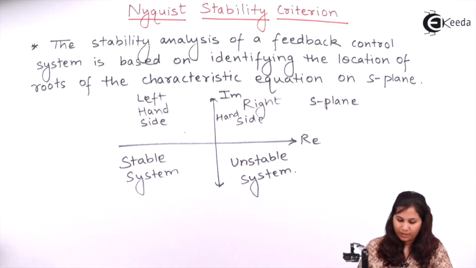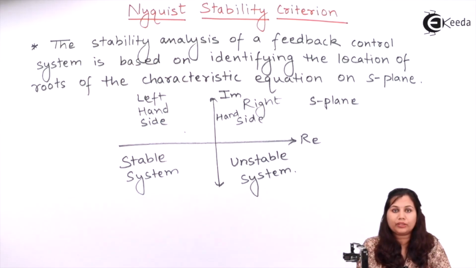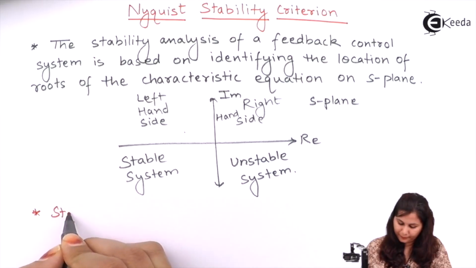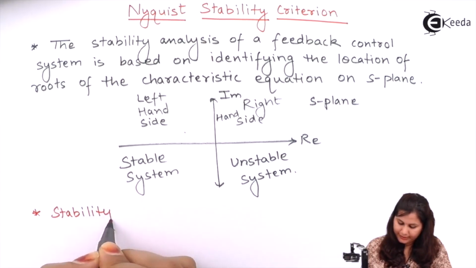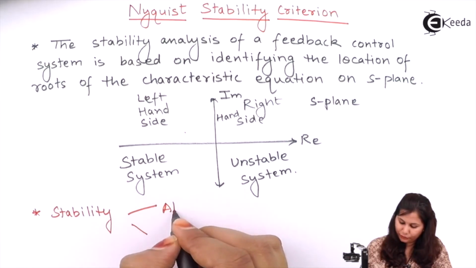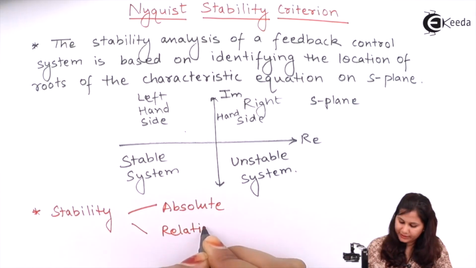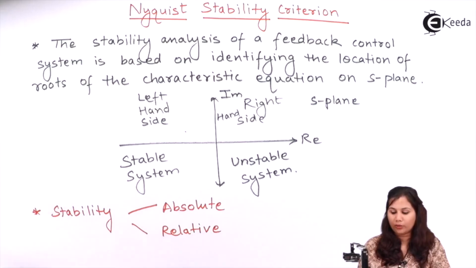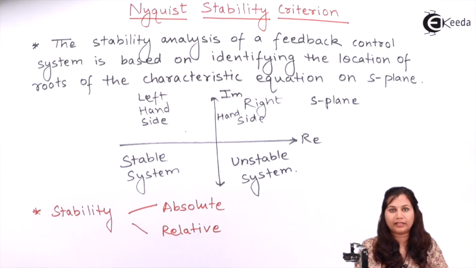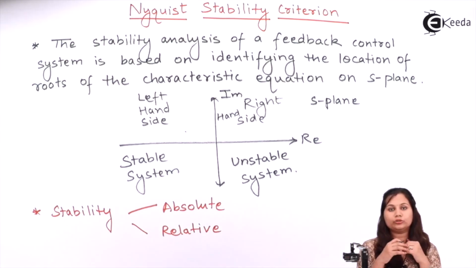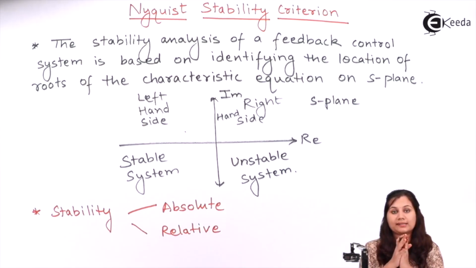Now this stability is of two types, the absolute stability and the relative stability. Absolute stability means the stability of the system when certain parameters are variable, like we vary some parameters of the system, and according to that variation how the response of the system is changing.